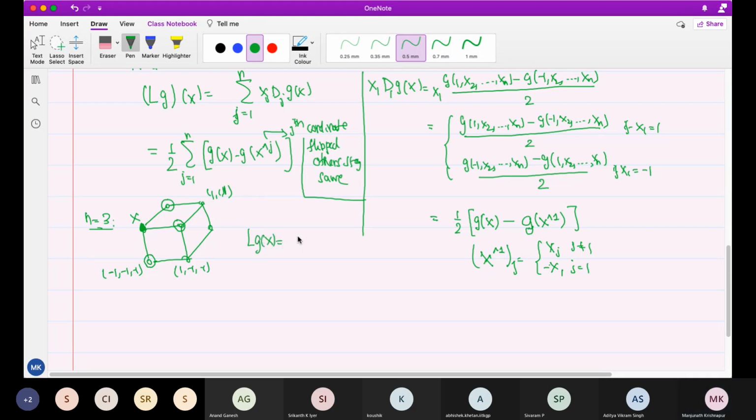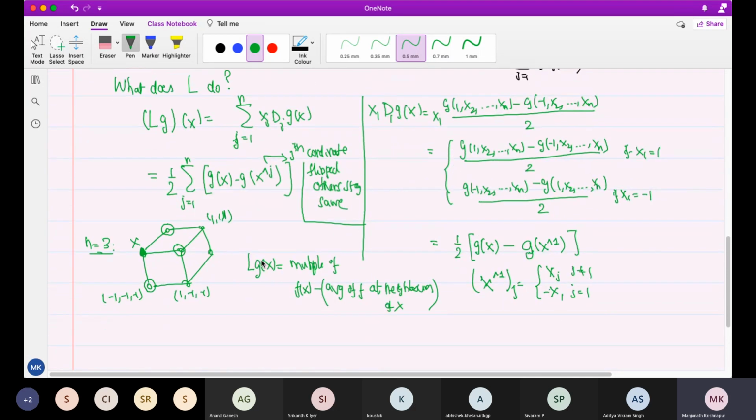Okay, so Lg of x is a multiple of f of x minus the average of f at neighbors of x. That is what the Laplacian does. It takes the value at a point and subtracts the average of the value at the neighbors.